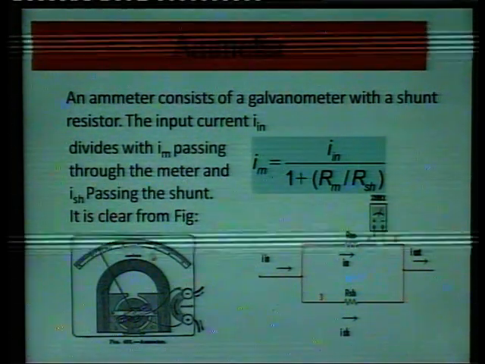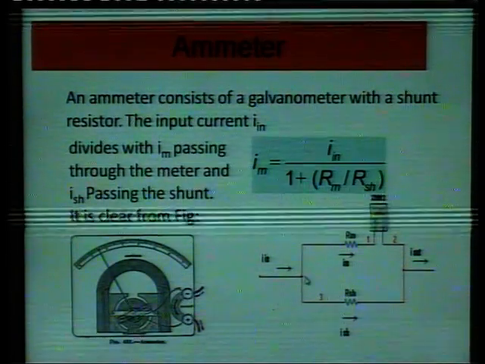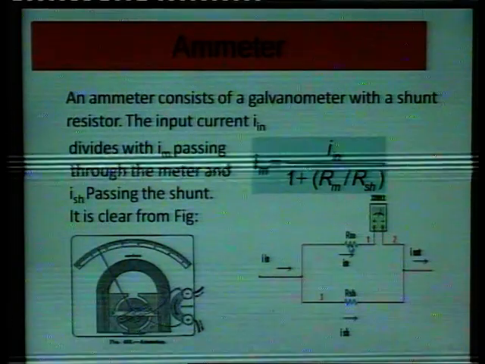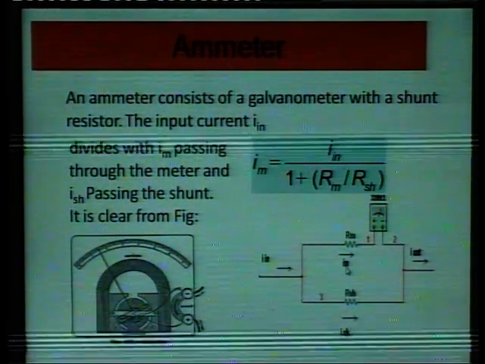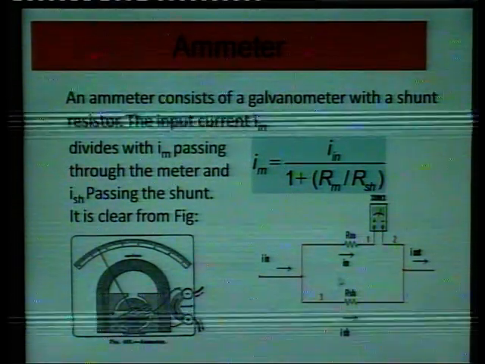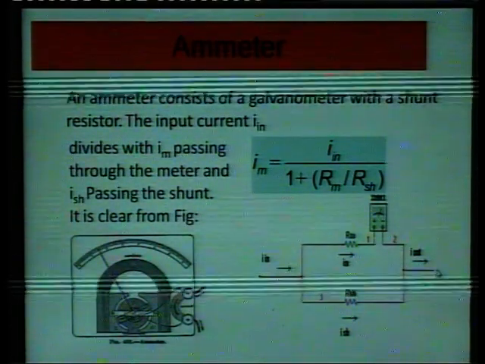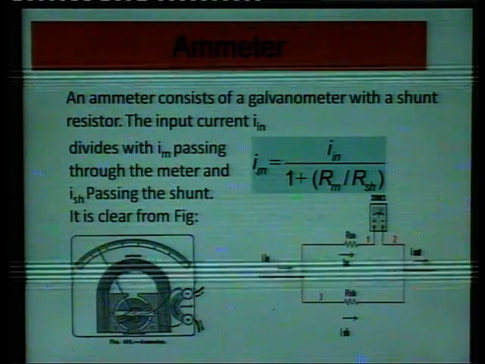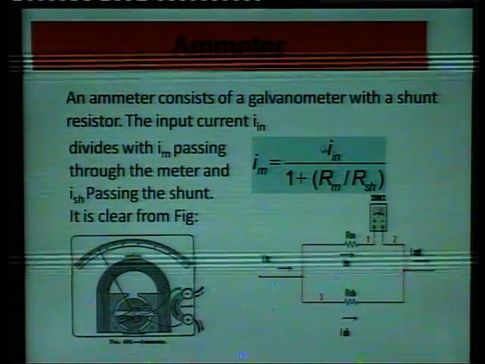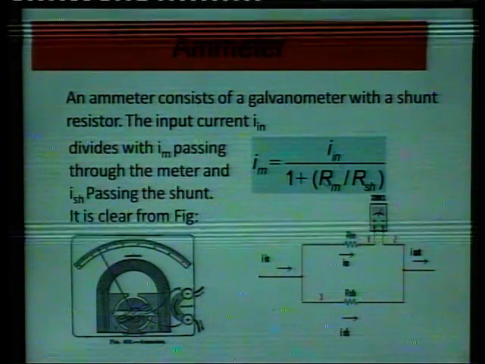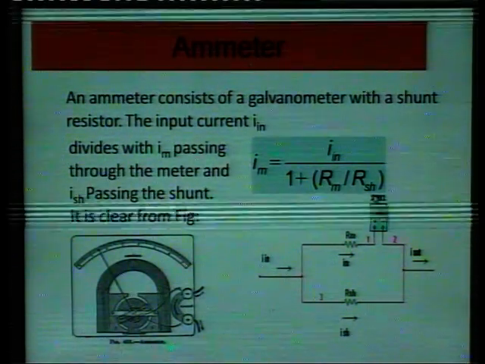It is clear from the figure. So this is your input current. A portion of it will pass through the meter, and the rest through the shunt. So finally we get the output current. So I_m is given as I_in divided by (1 plus R_m divided by R_shunt).